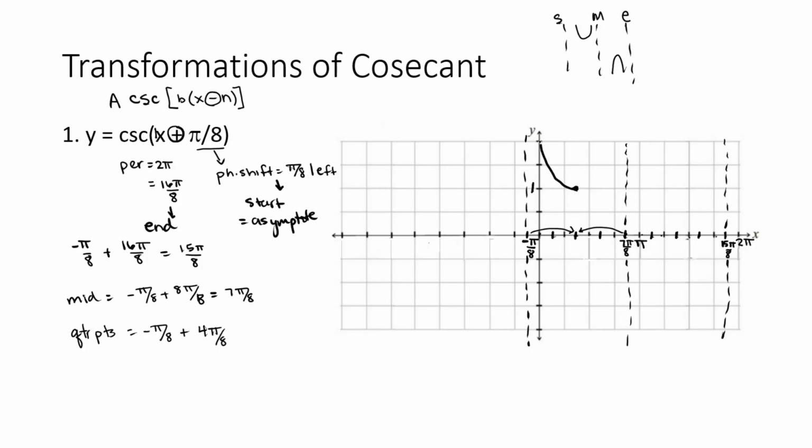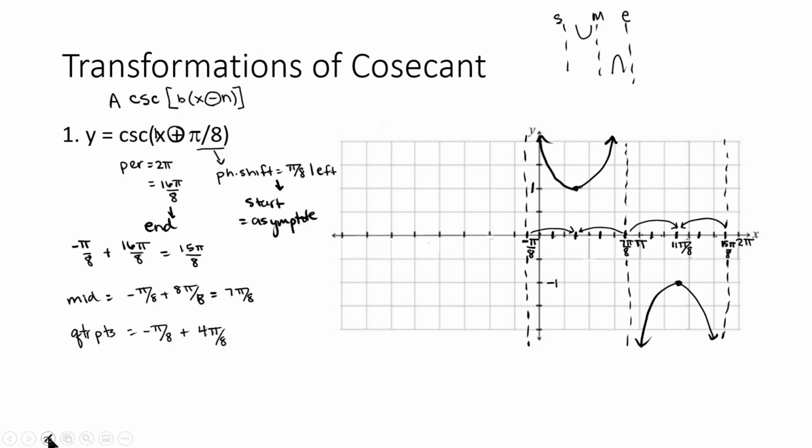That gives me my U. If I go halfway in between here, 7 plus 4 would be at 11 eighths. That's where I'll get the negative 1, and that gives me my bottom U.